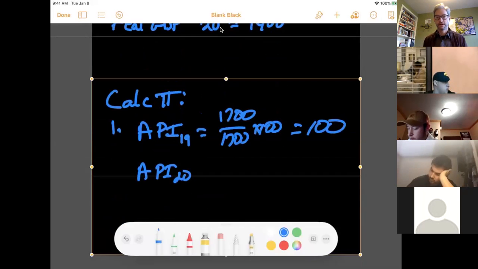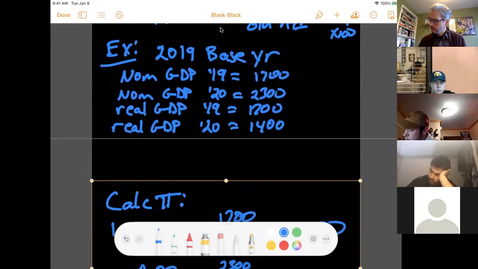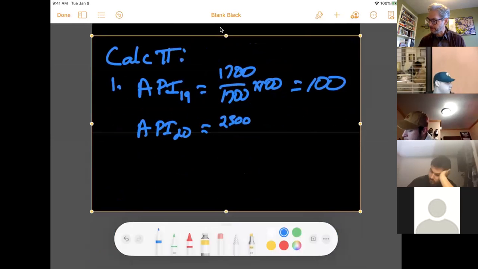In the base year, the aggregate price index is always equal to 100. What's different in 2020? Well, in 2020, we knew that nominal GDP is 2,300, real GDP is 1,400.